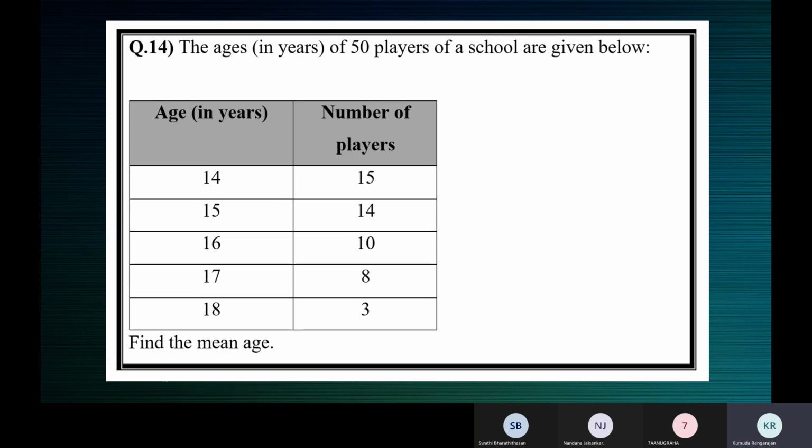Which is the XI column? Ma'am, the age in years.